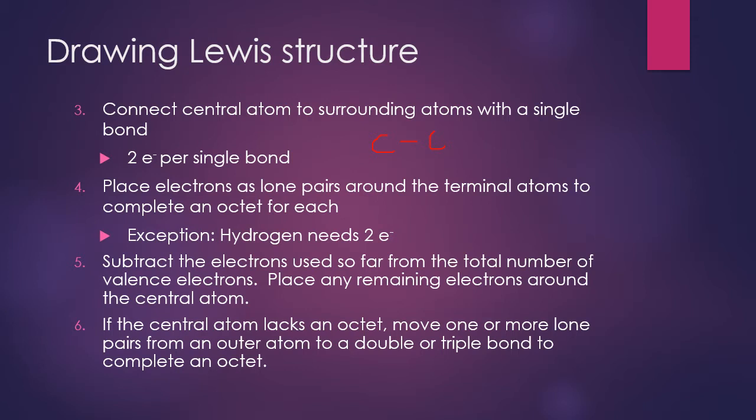Hydrogen only needs 2. Once you make the terminal atoms happy and they all have 8, then you focus on the central atom. So worry about the central atom last, because sometimes you can take valence electron pairs off of the terminal atoms to make double and triple bonds. Once again, you'll see that at work in the class lecture videos.